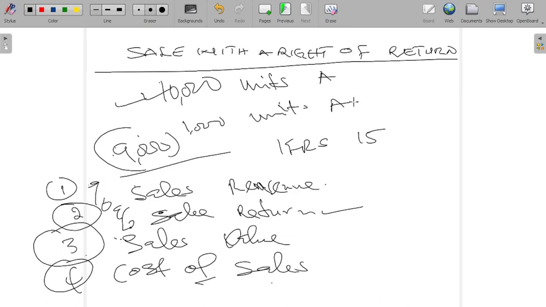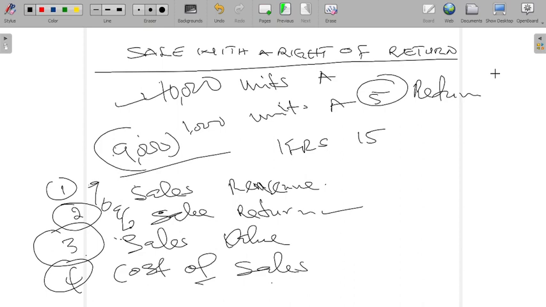Then number 5, the percentage of the cost value or carrying amount of the goods that is expected to be returned by the customer should be recognized as right of return asset, under current assets. So that is the return.